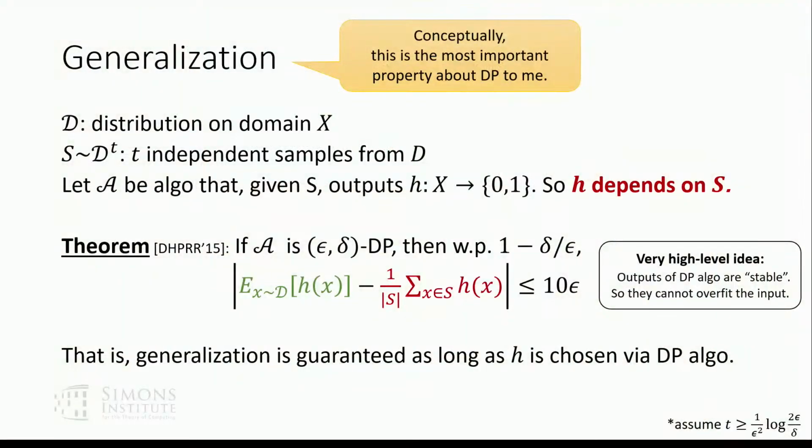So H is a function of one element in X, right? So here you just sample X independently from everything and look at what this value is and look at the expectation. Here you just look at the empirical average of H(x) from your sample.